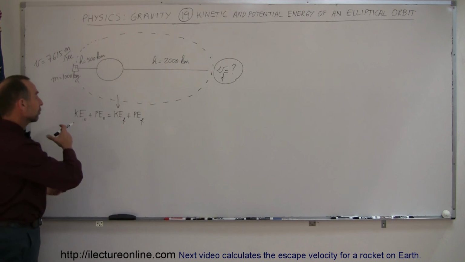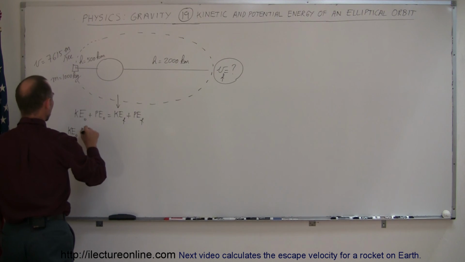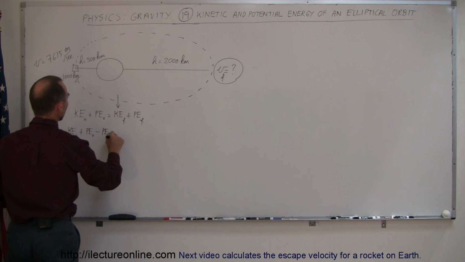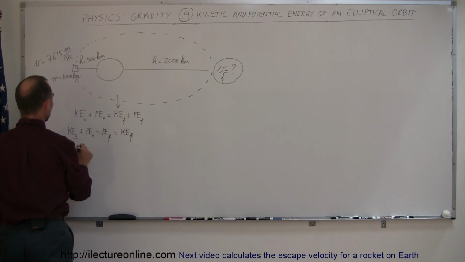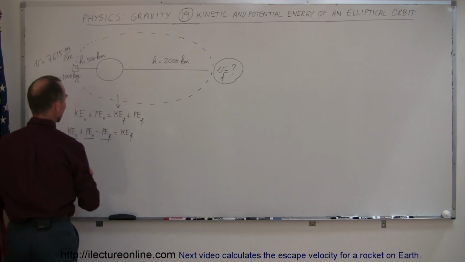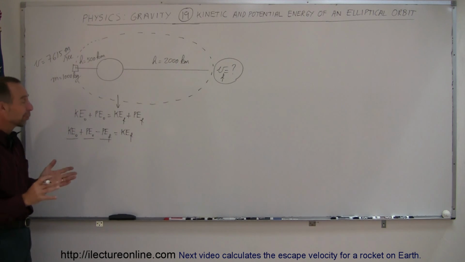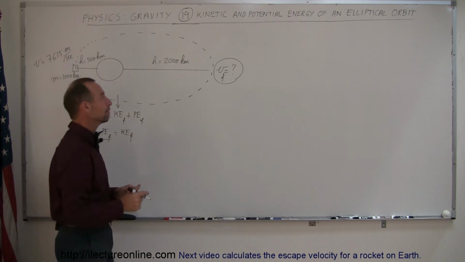So moving everything over to the other side, kinetic energy initial plus potential energy initial minus potential energy final will equal the kinetic energy final. So all we have to do is find the kinetic energy initial and potential energy final to find the kinetic energy final. Well, that's actually a lot of work when I say that's all we have to do. It's straightforward, but a lot of work. So let's take it one at a time.